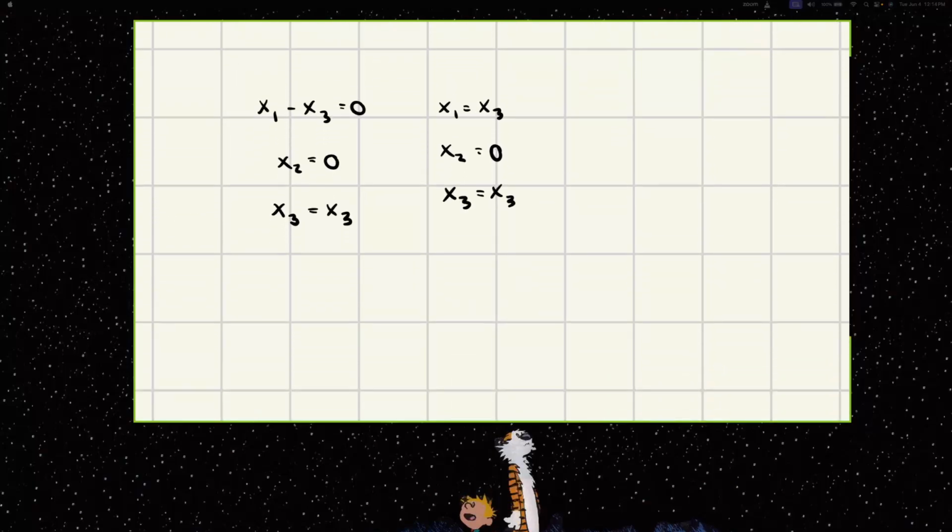So now we have everything we need to construct the eigenvector. Our eigenvector is just a vector with 3 components, x1, x2, x3, and we've determined what each of those are. So we'll let x1 be x3, x2 be 0, and x3 be x3.